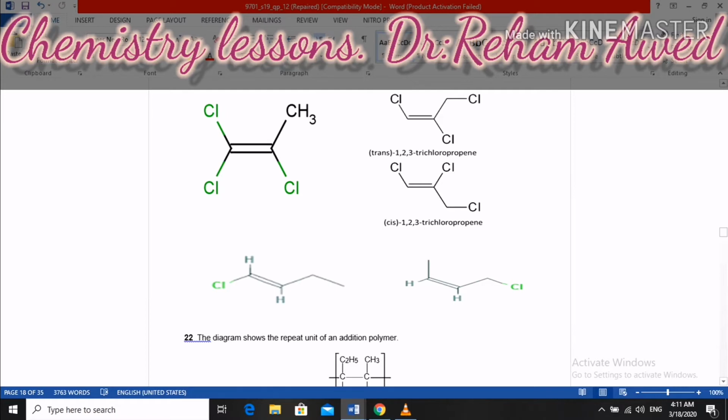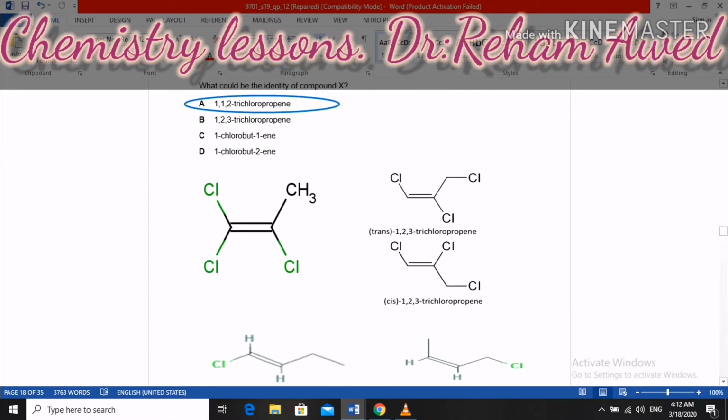In the last choice, we have two carbon atoms attached by a double bond, and we have hydrogen and hydrogen, one methyl CH3 and one CH2Cl. So we have two hydrogen atoms forming the cis isomer, and if we change the position of hydrogen and methyl group, we will have the trans isomerism. So of course we have cis-trans isomerism in the last choice. So our correct answer is 1,1,2-trichloropropene.